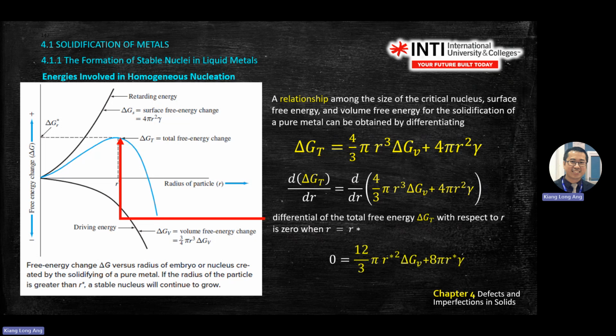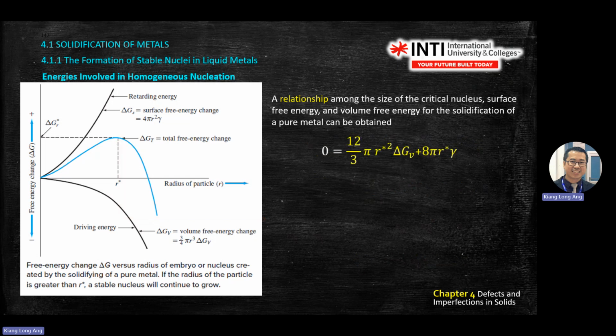Then you set it equal to 0 because you want to find the peak of this curve. So when you do differentiation, you will get this equation, and you rearrange, you'll get R star equals minus 2 gamma over delta GV.